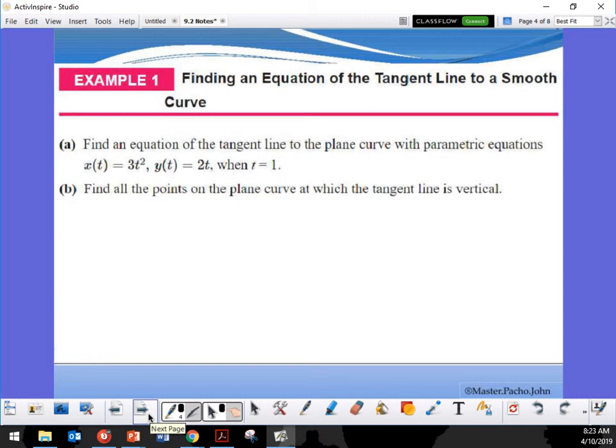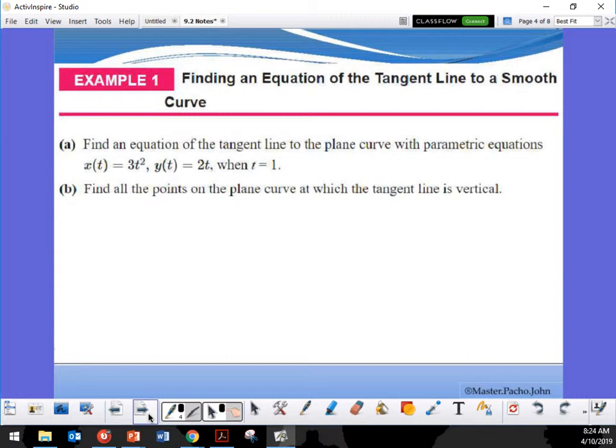Find the equation of the tangent line to the plane curve with the given parametric equations. Okay, first thing I've got to do is what? Yep, let's do that. Take the derivative. So on your notes, on your paper, you are going to take the derivative.